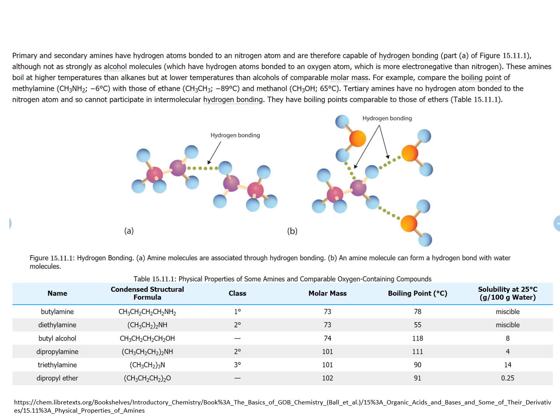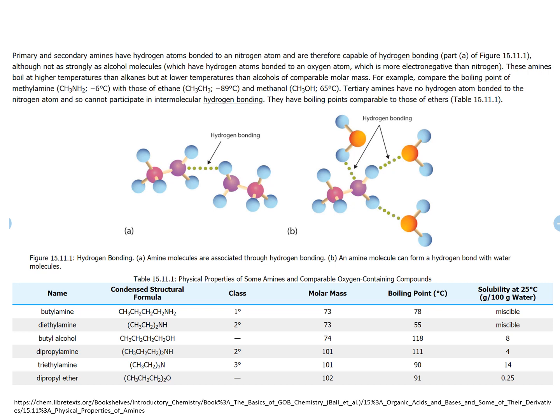So if you compare the hydrogen bond in amine and the hydrogen bond in alcohol molecules, of course alcohol has a higher boiling point, a stronger hydrogen bond, because oxygen is more electronegative than nitrogen.